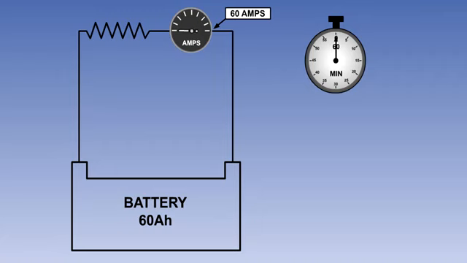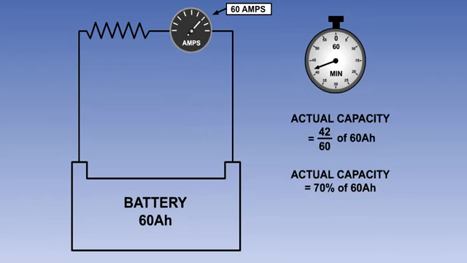If a 60 ampere hour battery, when subjected to a 60 ampere load, lasts only 42 minutes, then the actual capacity is 42/60ths, or 70% of its rated capacity. In other words, the battery is only 70% efficient.